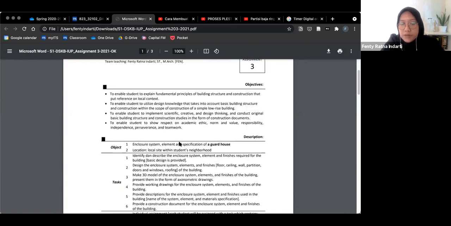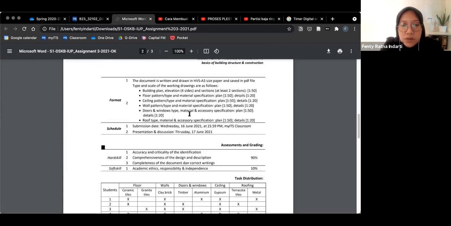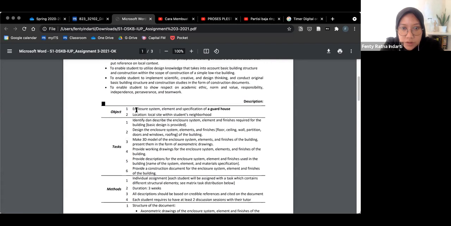Actually, it's the continuation of the previous assignment, so you need to have a good revision on the previous assignment so that you can go to the next assignment. The object is related to the enclosure system, the element and specification of a guard house. I think the location is the same.